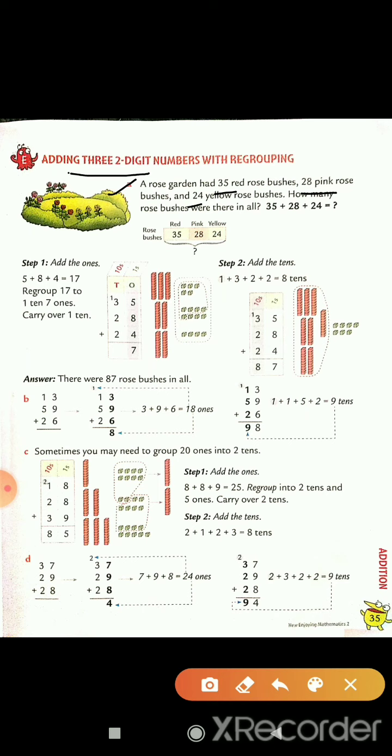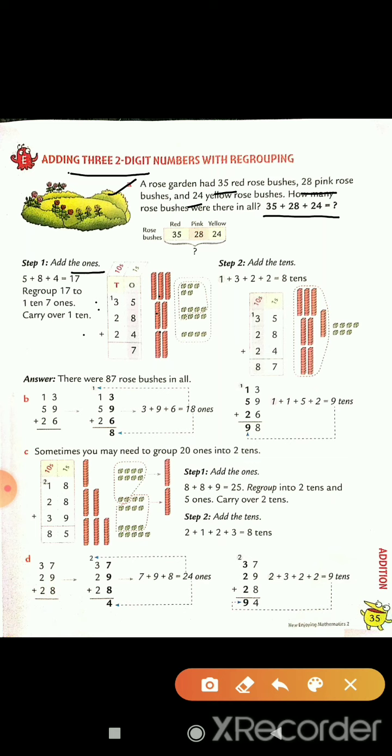So for finding how many were there in all, we need to add 35, 28 and 24 together. So first we need to write all the numbers properly according to their place value: 35, 28 and 24. Our first step is add the ones.